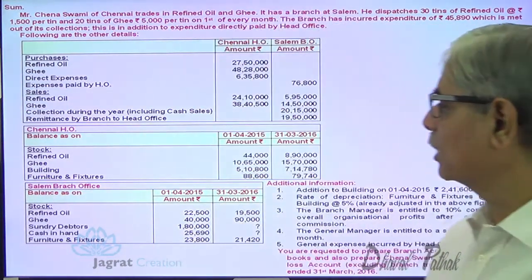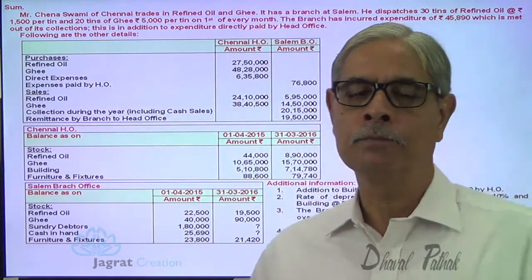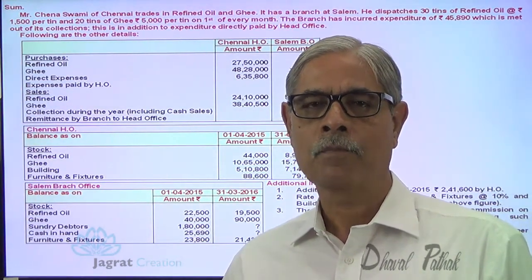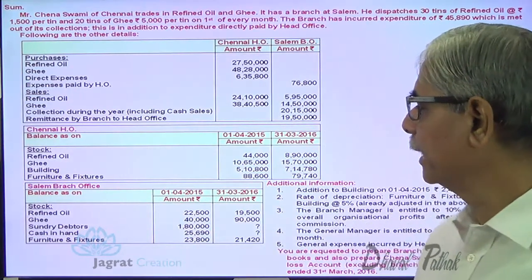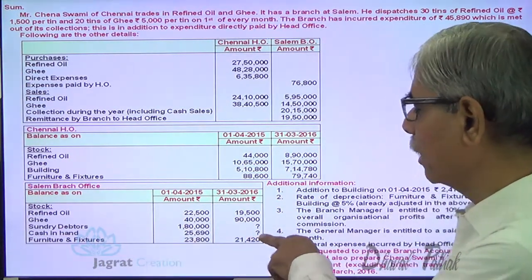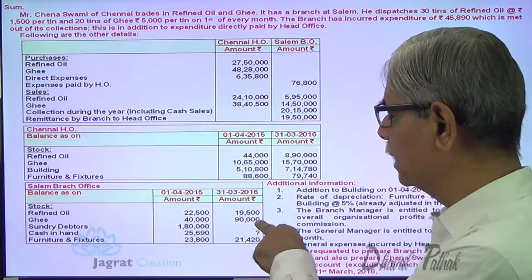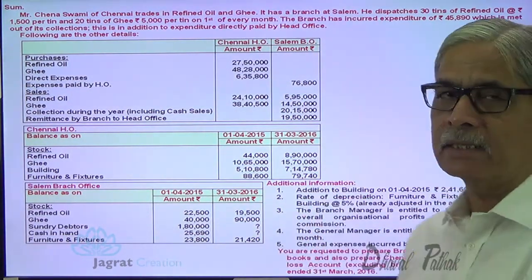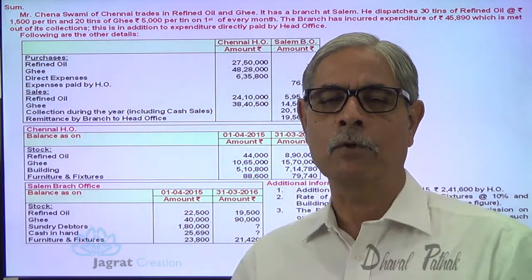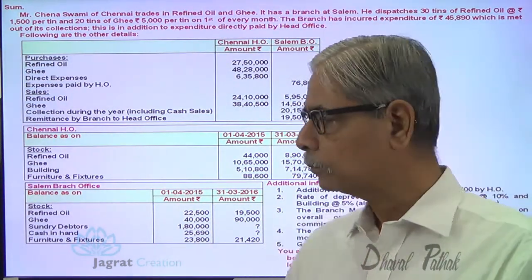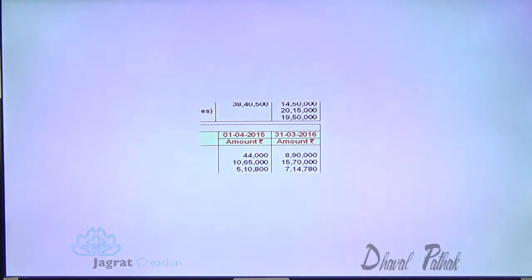For this sum, we are required to first prepare the branch account, and also working notes, because we are required to find out the cash on hand at the end of the accounting period and the debtors closing balance. These two closing balances are missing, so we prepare a cash account and debtors account in working notes. Now let us start.